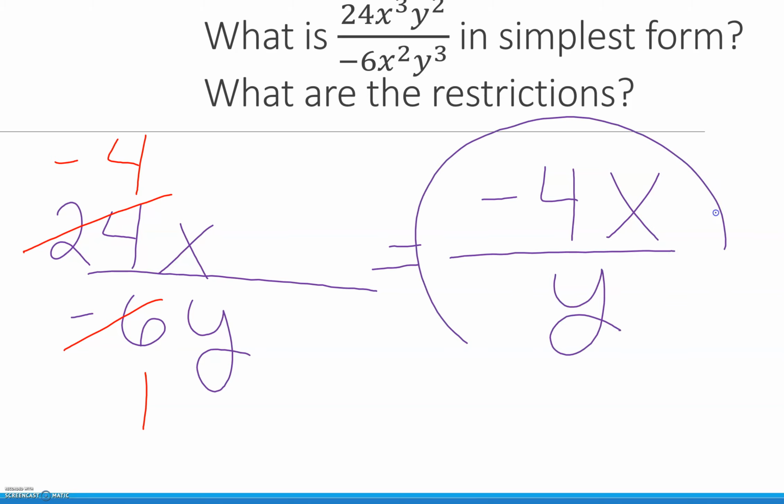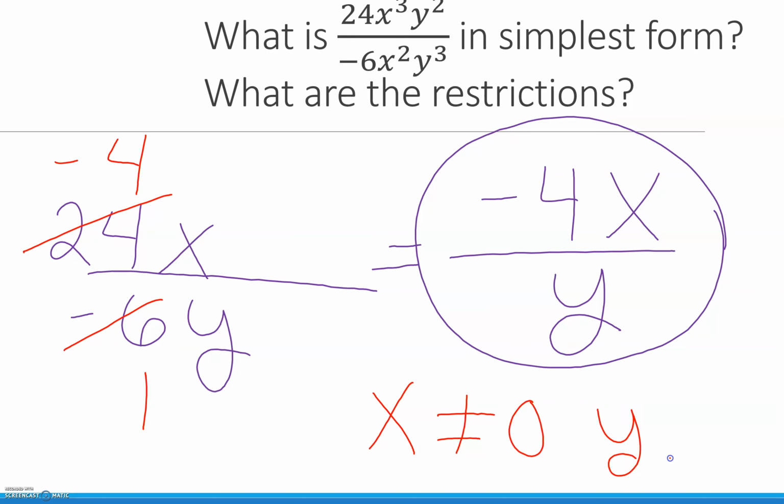That would be our simplest form. And we are going to have restrictions here as well, but there's nothing added or subtracted in the denominator. So x cannot be 0 because 0 times anything is 0. And y also cannot equal 0. So those will be our two restrictions here.